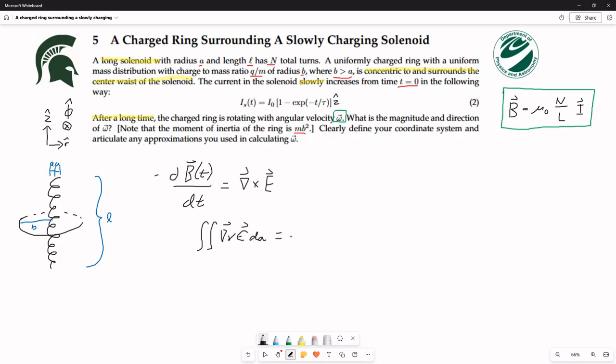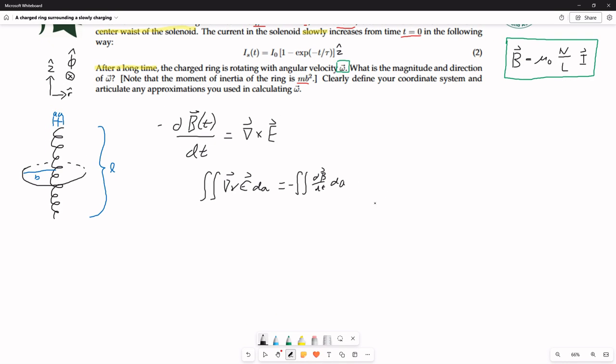I'm going to rearrange a few things while we're doing this. Integral negative magnetic field with respect to time over the area. And we're going to keep moving down, but this is now me using the curl theorem, but you kind of have to see it beforehand.